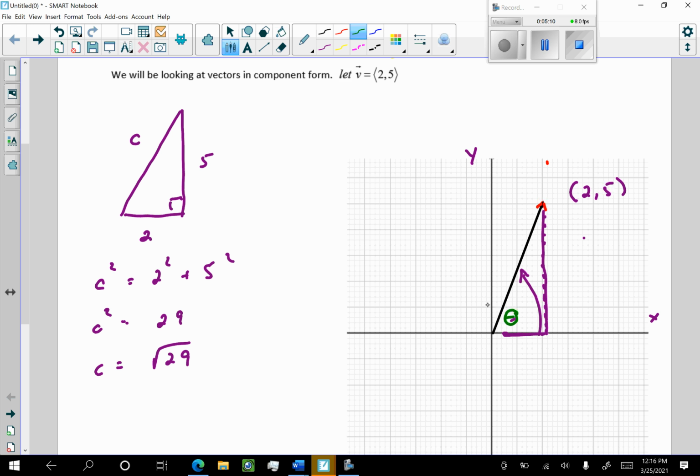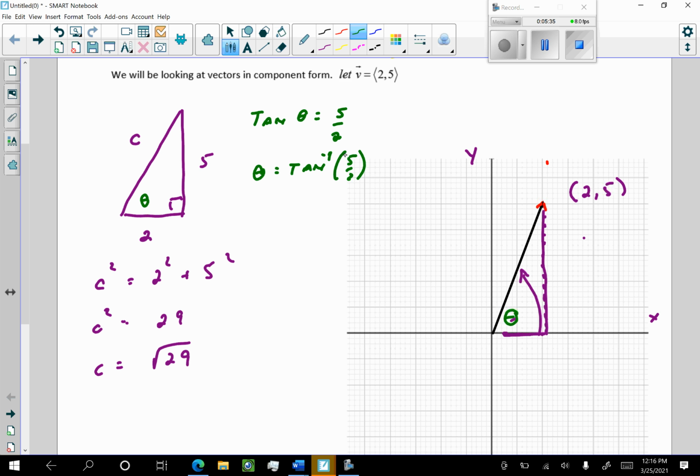This is the angle that I want to find right here, theta. Well, what do I know? I know that tangent of theta is the opposite over the adjacent side, and then simply theta is equal to the inverse tangent of 5/2.